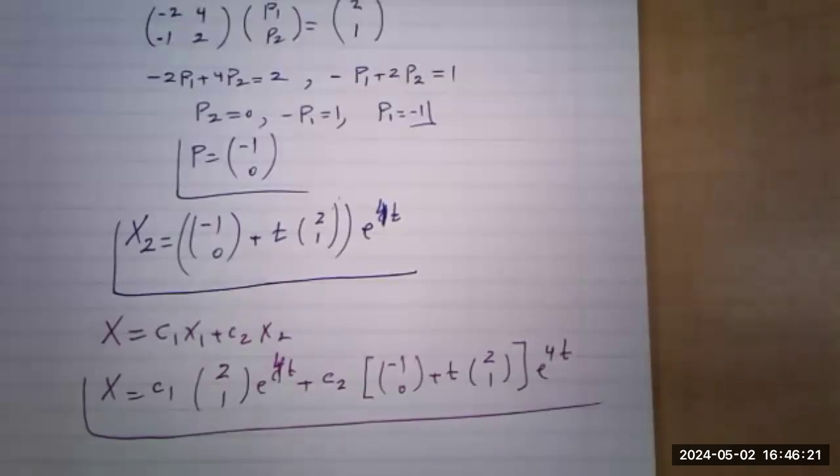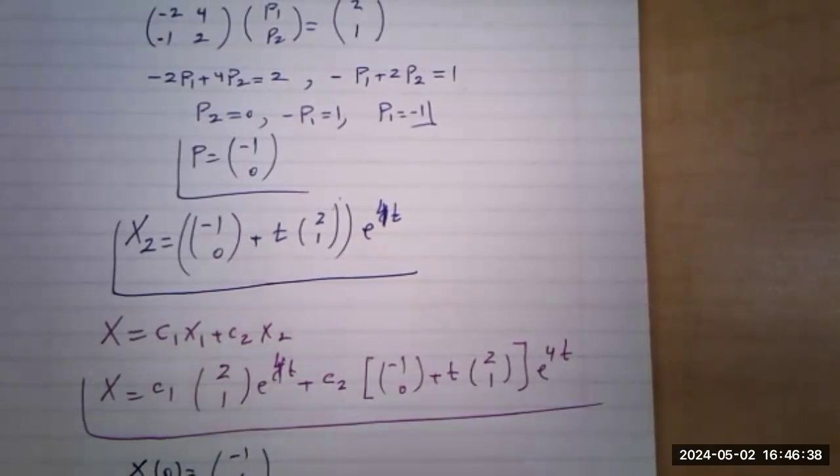But you have an initial condition at 0. The initial condition is x(0) equal to (negative 1, 6). So you are going to put t equal to 0 in this equation, because this is x of t.